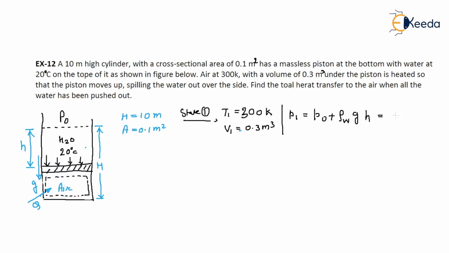And what is rho? Rho is 1 by the specific volume, so density is equal to 1 by specific volume, and P1 is P naught plus g h by v.